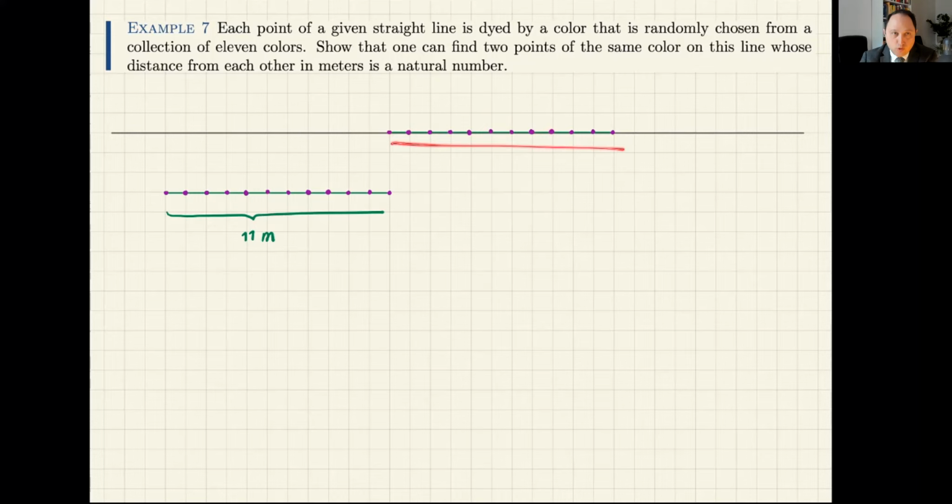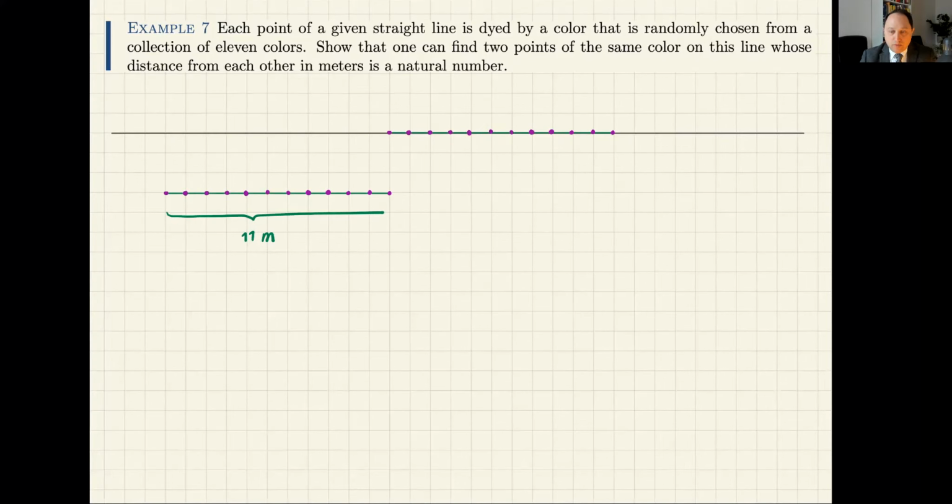Because I have 12 points and only 11 colors, at least a pair of them have the same color, and it doesn't matter which pair these are. The distance between these 2 points is always a natural number expressed in meters. Is that clear? Hopefully this way of imagining it makes it a little bit easier to understand. If you have any questions, please let me know.